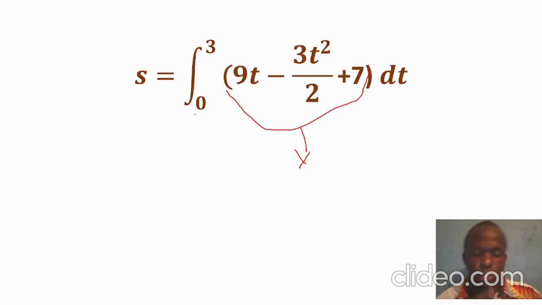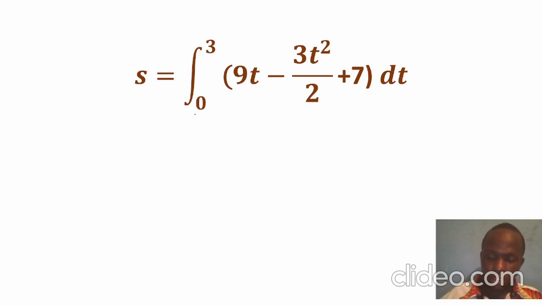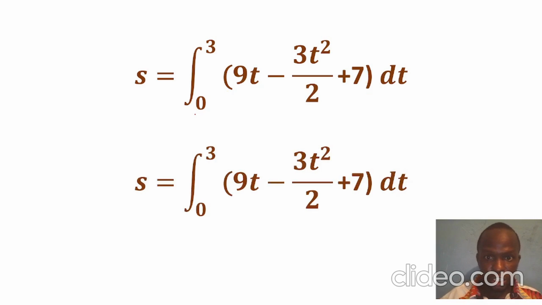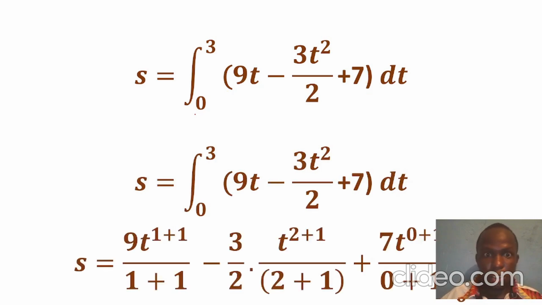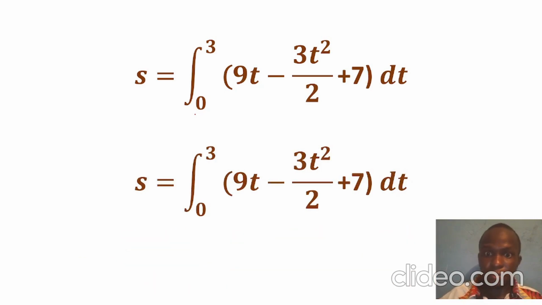We're going to ignore it because even if we put it there, it is going to cancel. That is only applicable for definite integrals. Now let us see the integration.